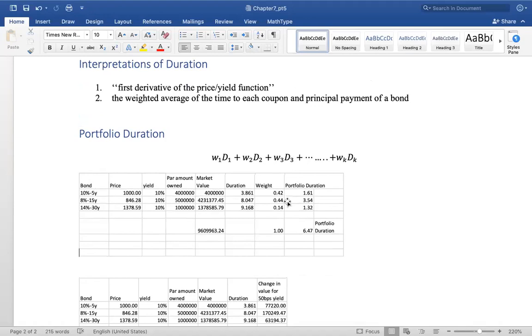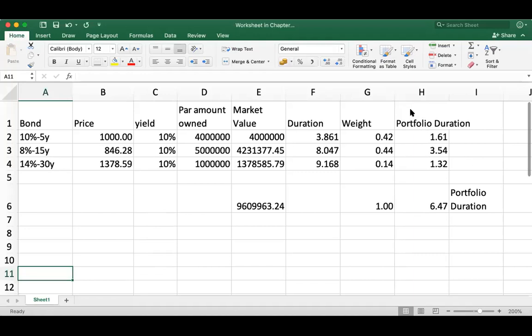let me switch to the Excel sheet. Just a moment. Okay, so here you can see I have a portfolio, and in this portfolio I have 3 different kinds of bonds: 10% 5-year bond, 8% 15-year bond, and 40% 30-year bond.